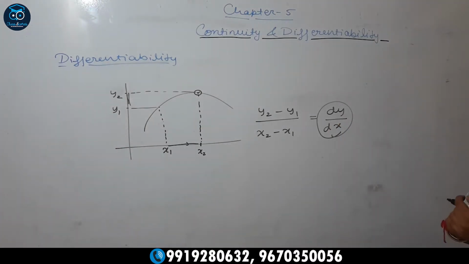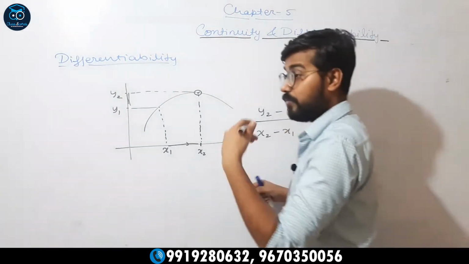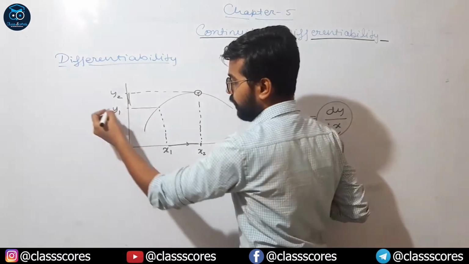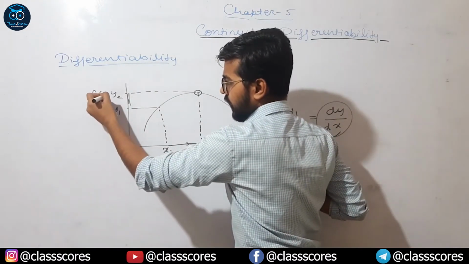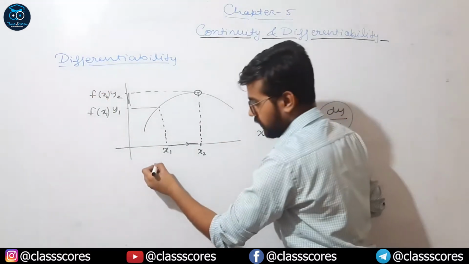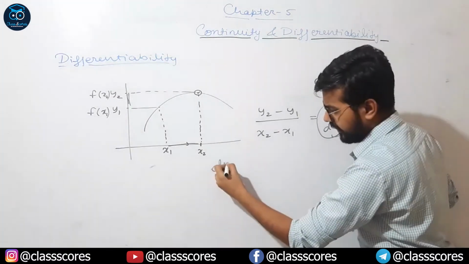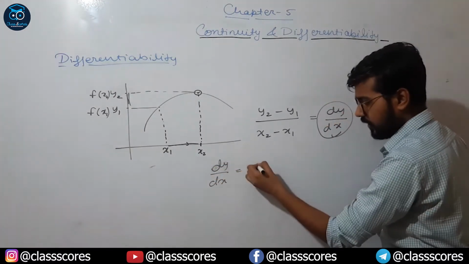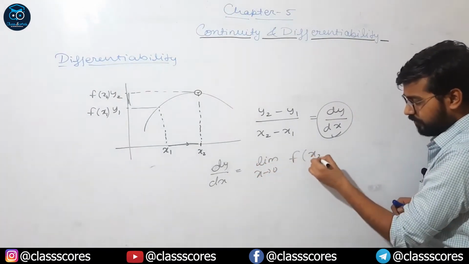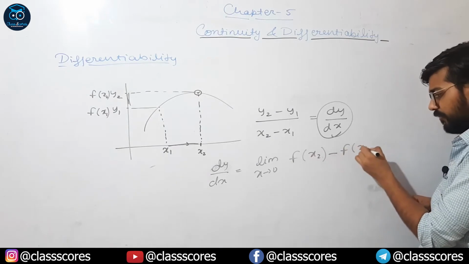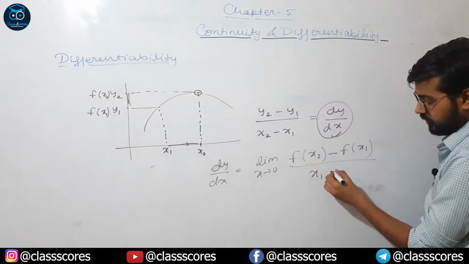If we have to find this in function terms, or in limit form, then dy upon dx is limit x tends to 0 of f of x2 minus f of x1, which means change in y divided by change in x.